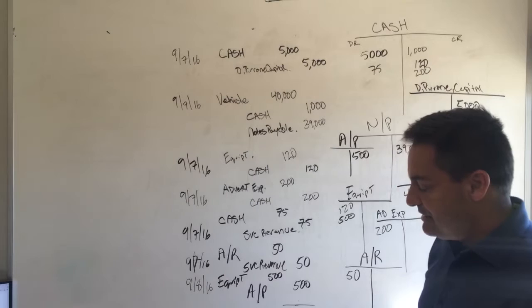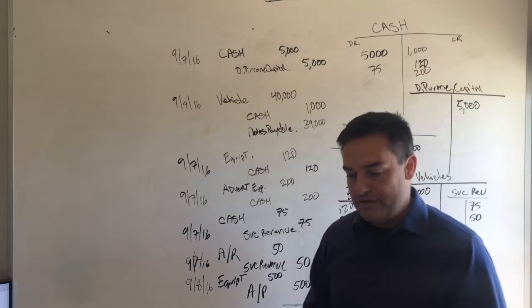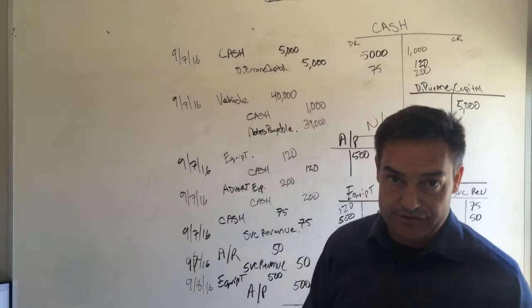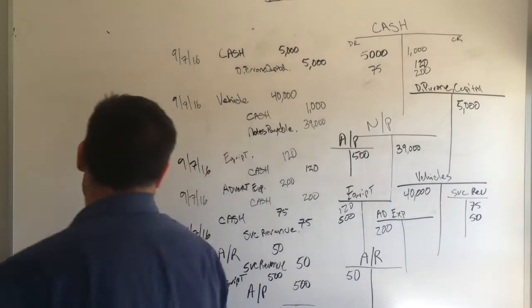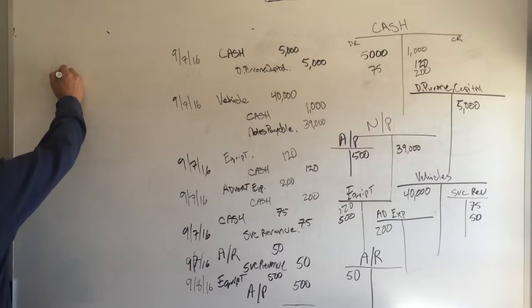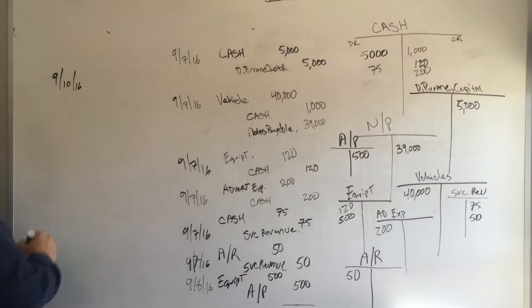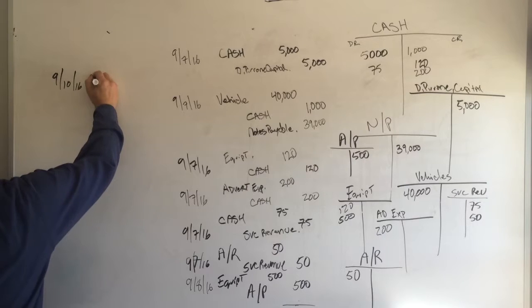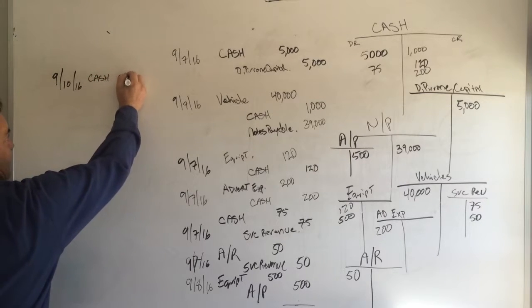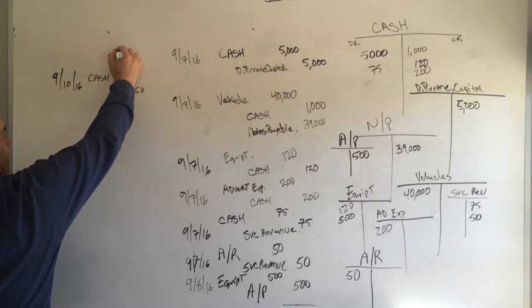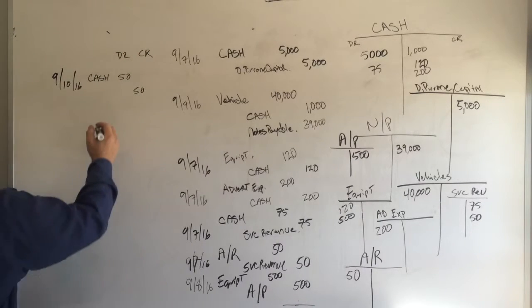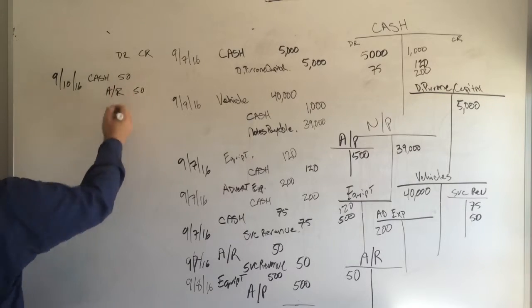The next thing that happened is, remember that dog that we did for $50, but the owner didn't have the cash? Well, the owner came in and paid us the $50 in cash. So let's say that happened on 9/10/16. The owner comes in, pays the cash. So we receive cash, and if we receive cash, we're going to debit cash for $50. And if you debit something for $50, you're going to have to credit something for $50, and the account that we are going to credit is accounts receivable.